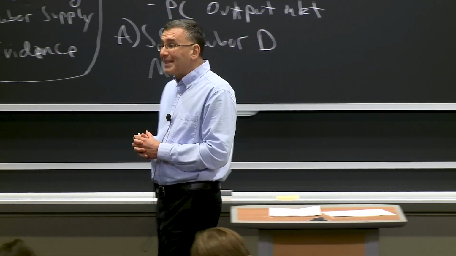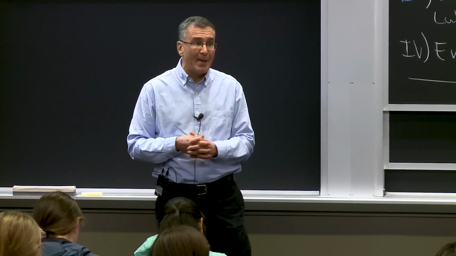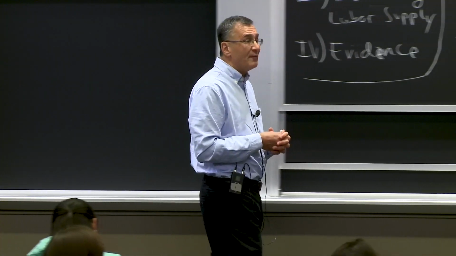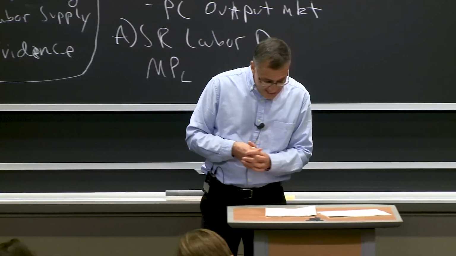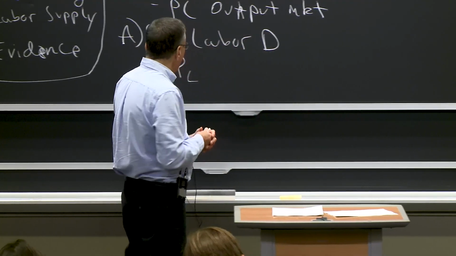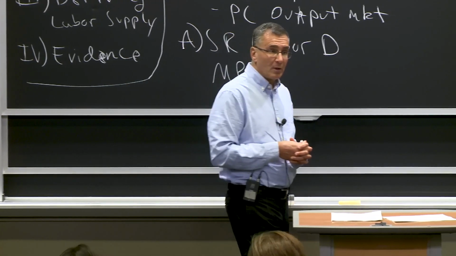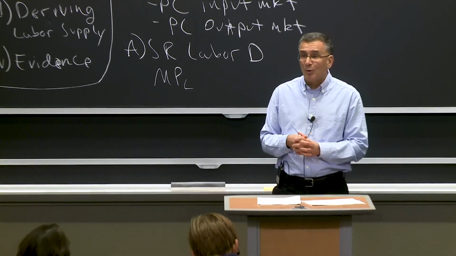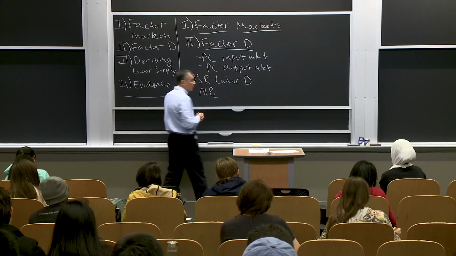But that's not the only part of the benefit, because we don't actually care as a firm about units of output. We care about revenues. So the benefit of a worker is not just how many units it produces, but the value of those units. And what is the value of the next unit produced? It's the marginal revenue.